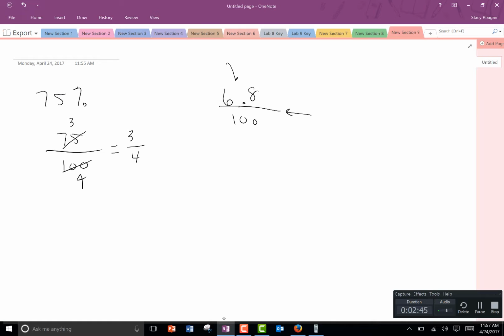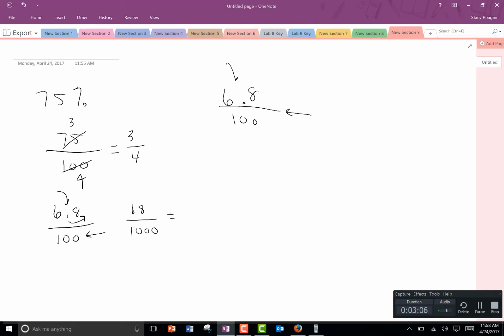If I'm trying to do this by hand, I want to get rid of this decimal, and the way I get rid of this decimal is it needs to come over one place. So if it comes over one place, that's how many zeros you add to the bottom. So the top would be 68, the bottom would be 1,000.